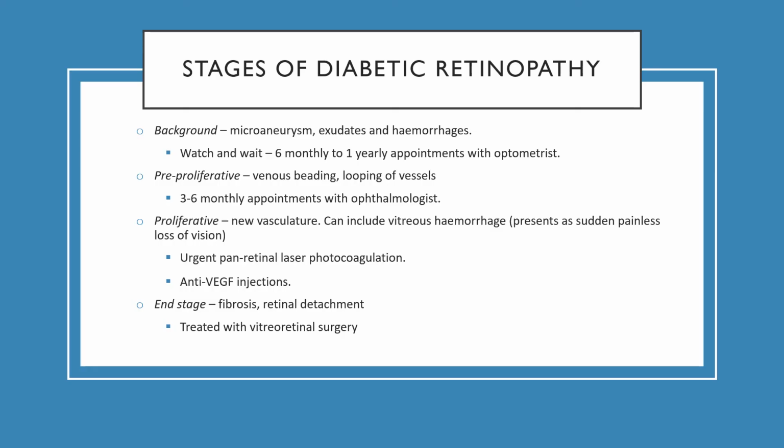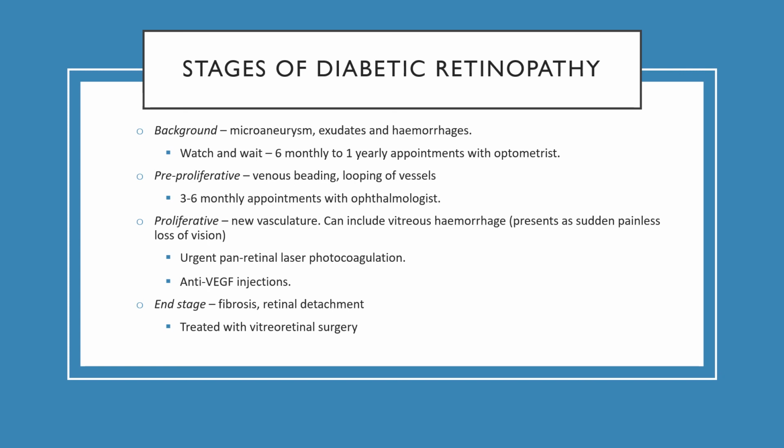Stages of diabetic retinopathy can be classified into 3 or 4 stages, the commonest of which are the below. Background diabetic retinopathy includes microaneurysms, exudates, and hemorrhages. These have a management plan of watching and waiting.